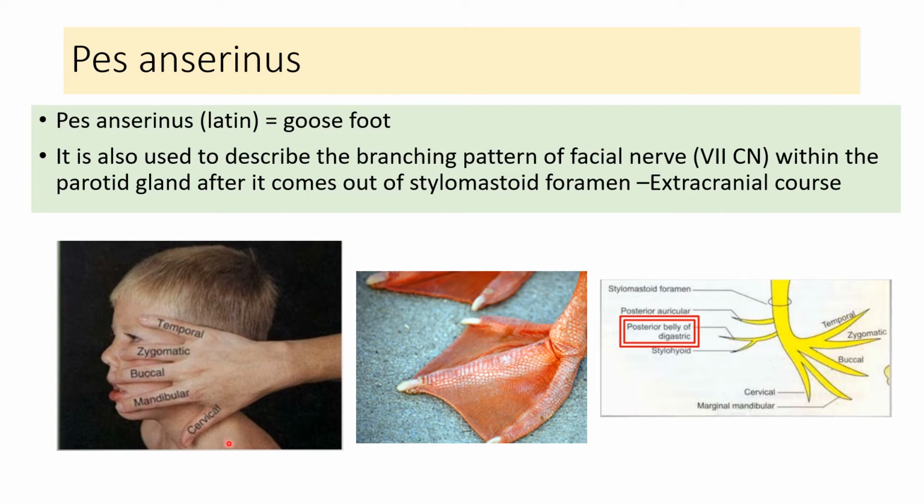So if you look at this branching pattern of the terminal branches of the facial nerve in the parotid gland, it resembles the webbed feet of a goose, and that's why it is also known as the pes anserine pattern of the facial nerve in parotid gland.